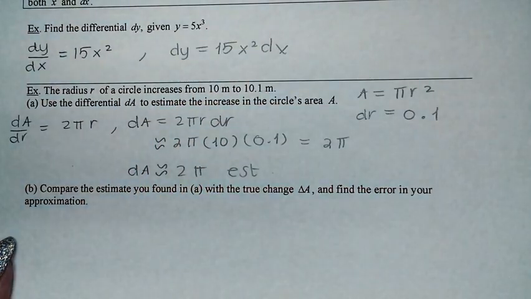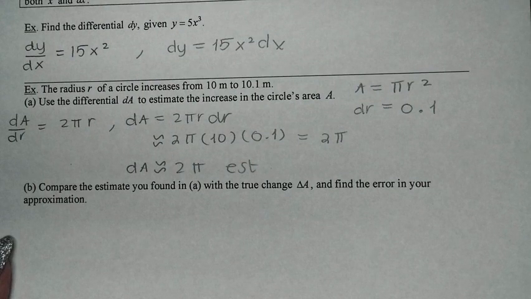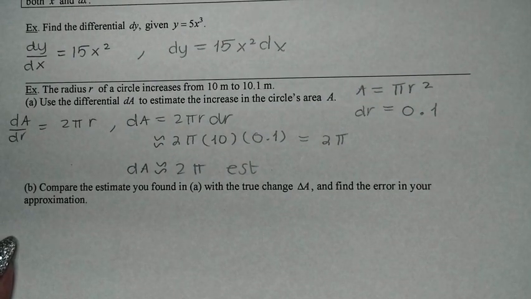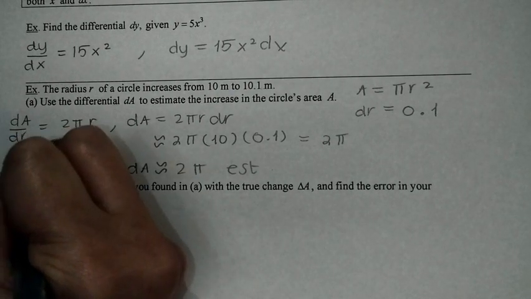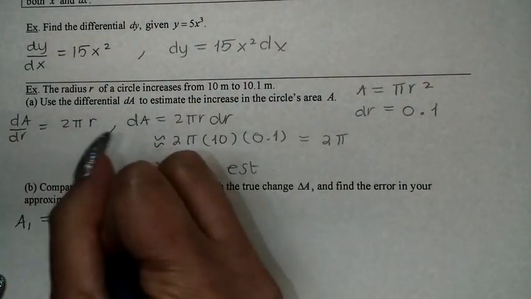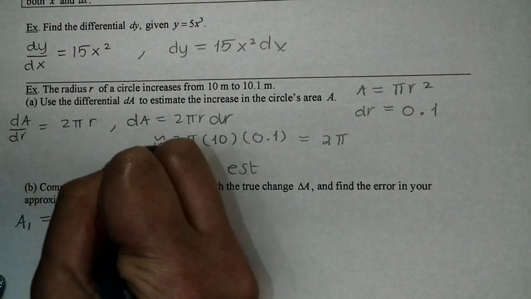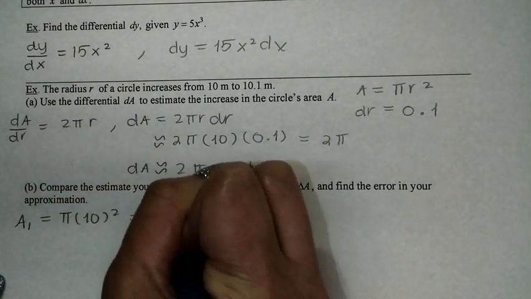Now, compare the estimate we found in A with the true change delta A and find the error in your approximation. Since we have the equation of the area, you know that your initial area, or area 1, is going to be pi times 10 squared, which is 100 pi.